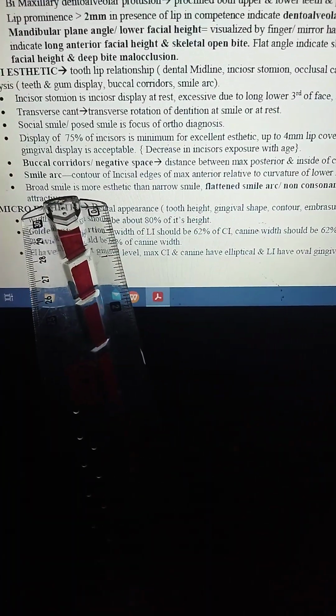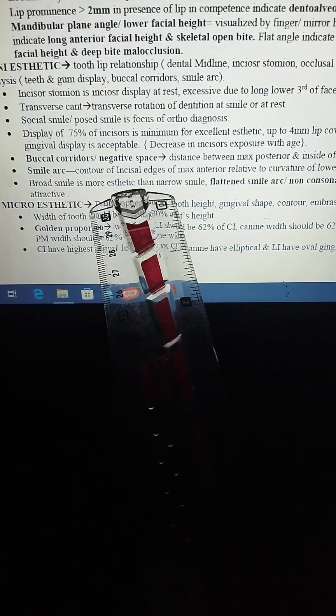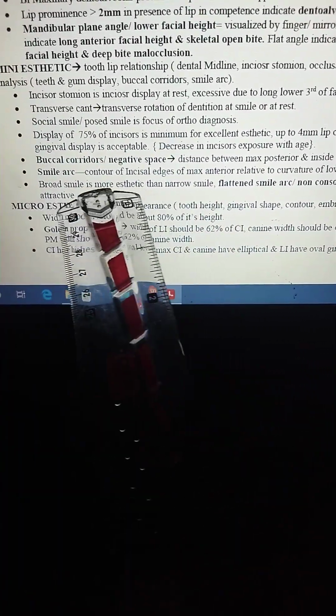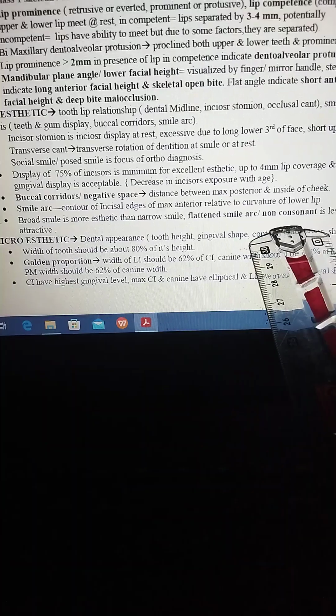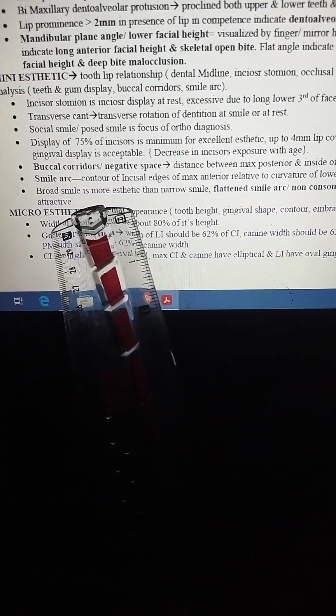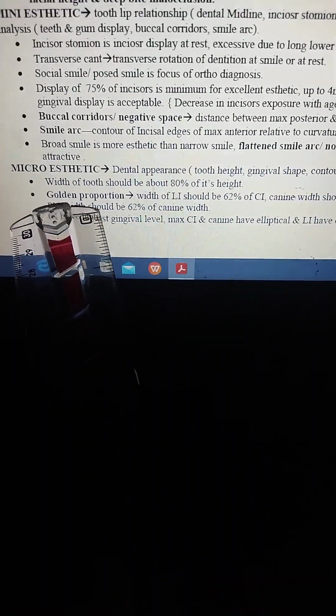Okay, broad smile is more attractive than narrow smile, and a flattened or non-consonant smile arc is less attractive. Okay, that was about mini static.